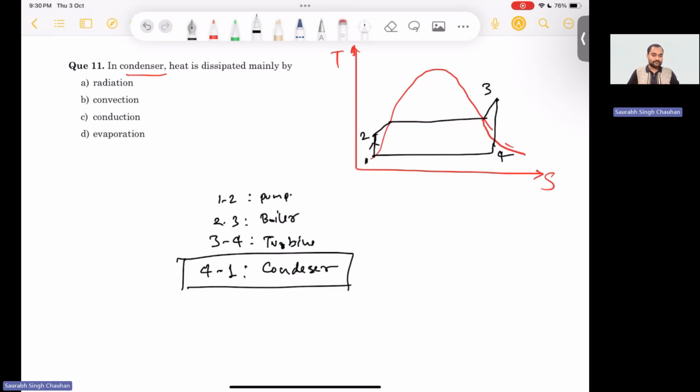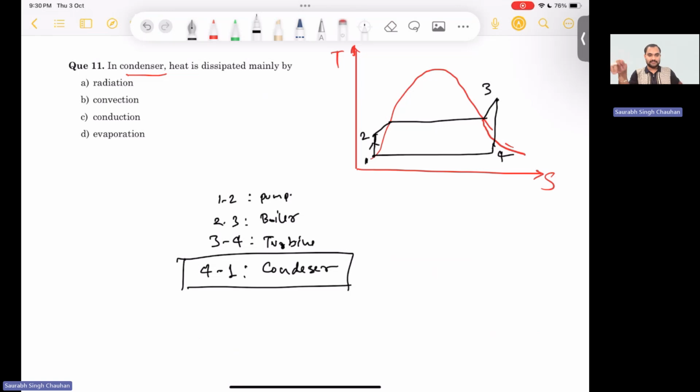So what is the mode of heat transfer? How is the heat dissipated? Is it because of radiation, or convection, or conduction, or evaporation? One thing is quite obvious, that all of these modes will be there, but we have to tell which one is the dominant one, because whenever there is some temperature, radiation will take place.